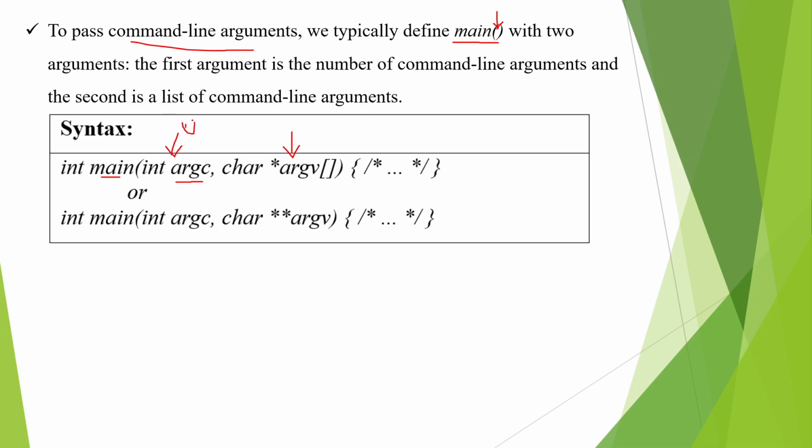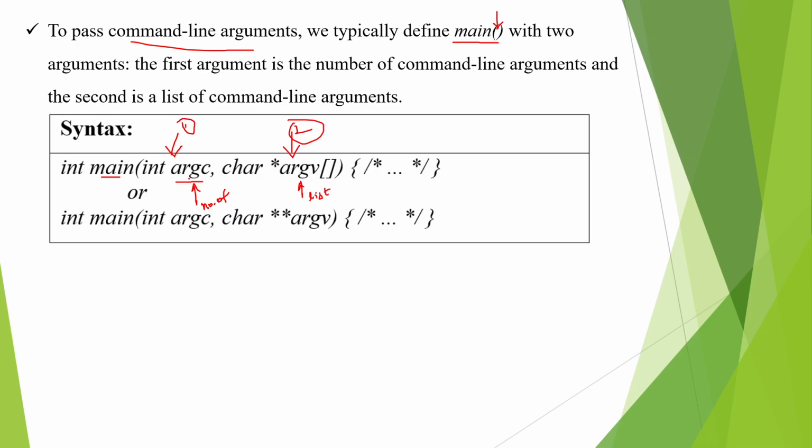You have to put the arguments to the main function in the same way as the syntax we are seeing here. Just remember, argument count is the number of arguments, and argument vector is the complete list of arguments. This is the list and this is the number.